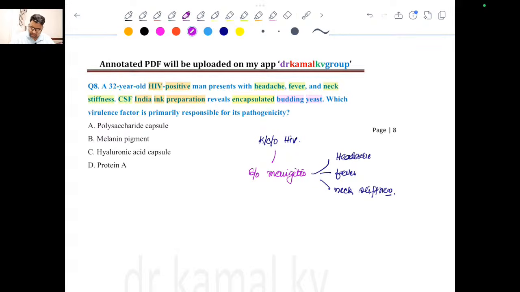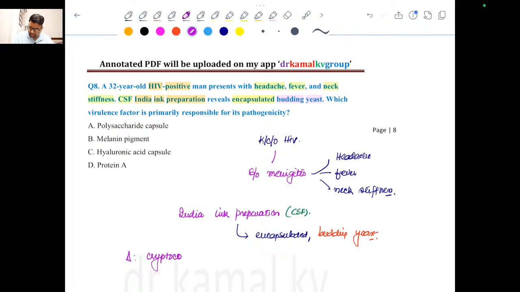And then India ink preparation of CSF is showing encapsulated, means with a capsule, budding yeast. Clear? So the diagnosis is cryptococcal meningitis.